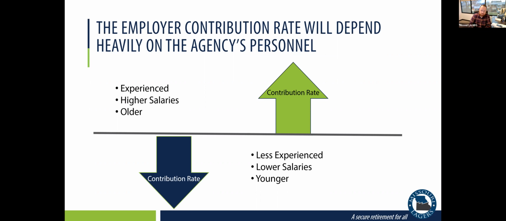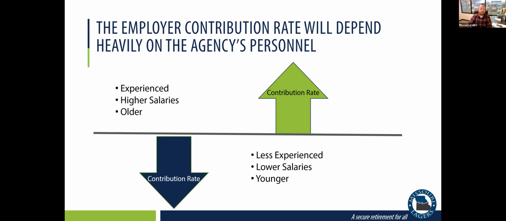Okay, if you had some turnover that occurred, and maybe a couple of those folks retired, and maybe you were 100% funded, so then the asset transfers happen, and then you hire a less experienced, lower salaried, younger workforce. Typically that results in a lower contribution rate. Now, there's a lot of things at play here. I mean, we just talked about in the previous slide all these different things that are calculated into your cost, right?